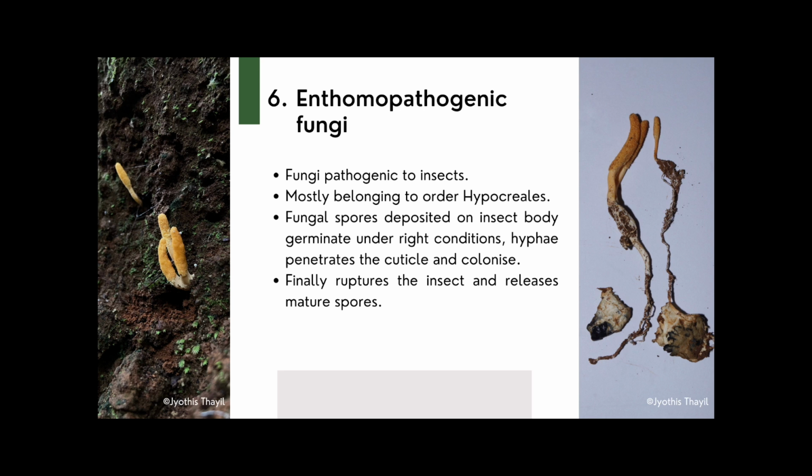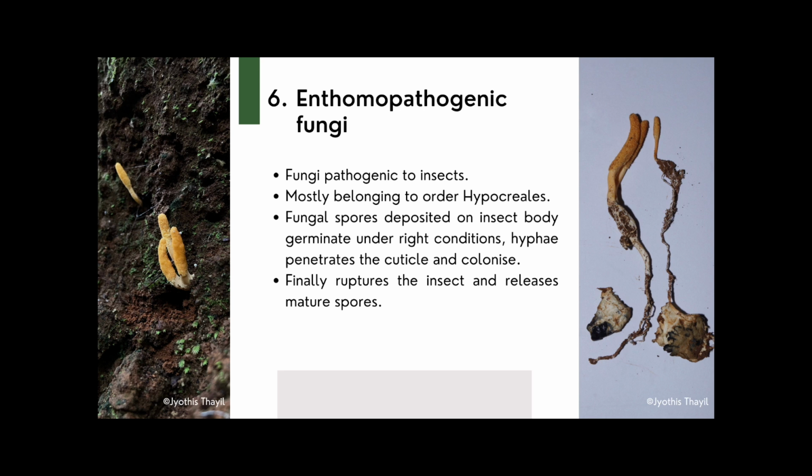Hence, some species of entomopathogenic fungi are called zombie fungus because they control the insect. They will make the insect move to a higher elevation or an elevated area where they can spread their spores more efficiently.